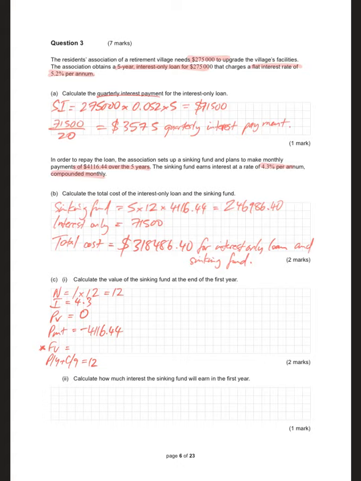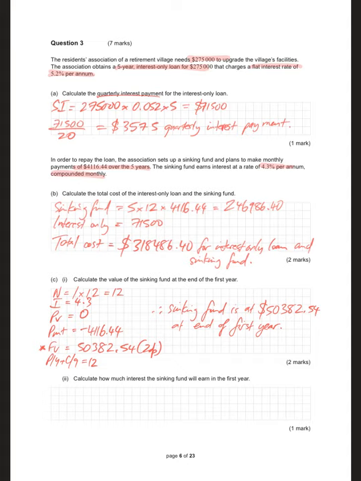Apps, Finance, TVM solver: 12, 4.3, nothing, negative 4116.44, 12 for both, at the end. FV comes to $50,382.54 to 2 decimal places. Therefore, the sinking fund is at $50,382.54 at the end of the first year.